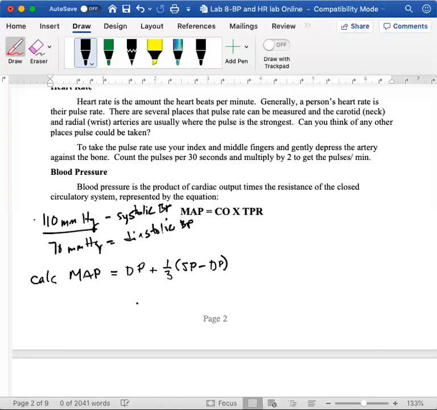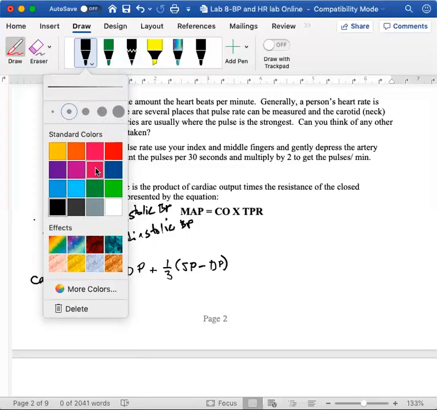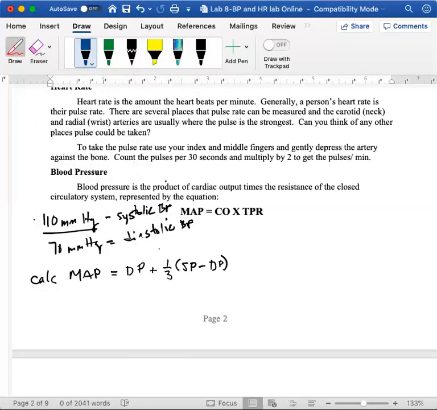So what this ends up being is, let's do blue. Our diastolic blood pressure is what? Good, that's 70, right? And then systolic minus diastolic, so this would be 110.